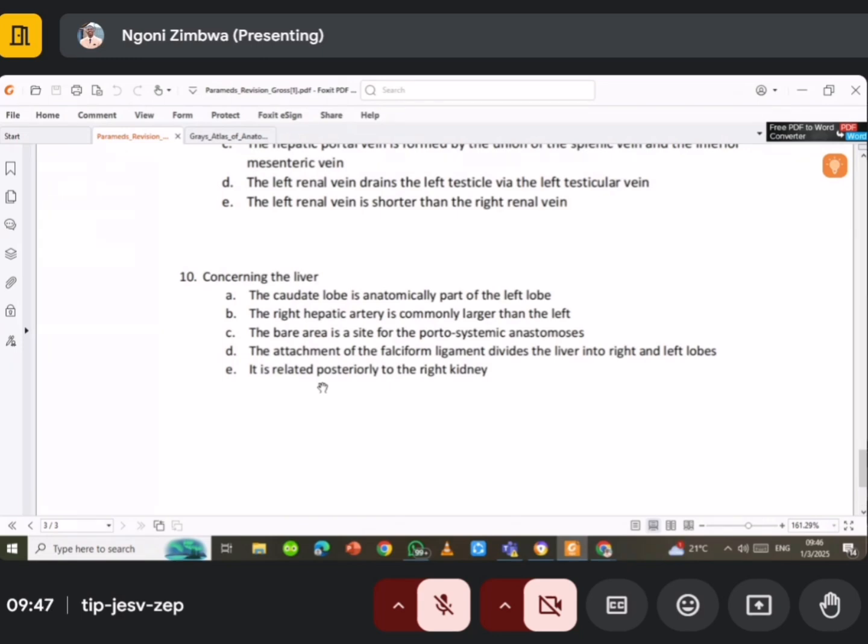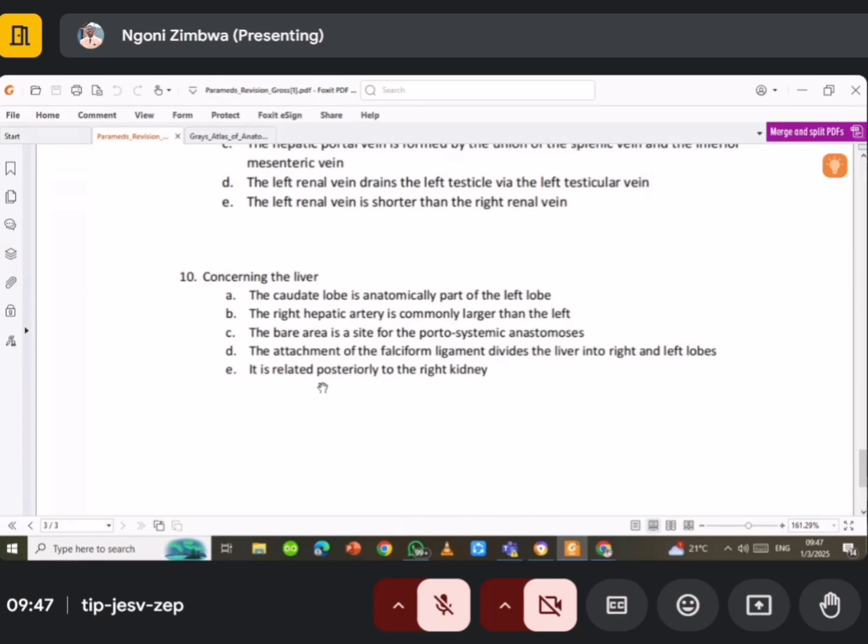B, the right hepatic artery is commonly larger than the left. What do you think? That is actually false. Listen carefully. The hepatic artery proper, which is a continuation of the common hepatic artery, which is a branch of the celiac trunk, is going to divide into the right and left hepatic artery.